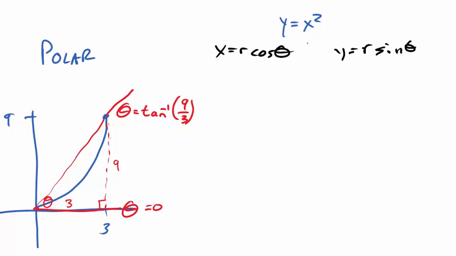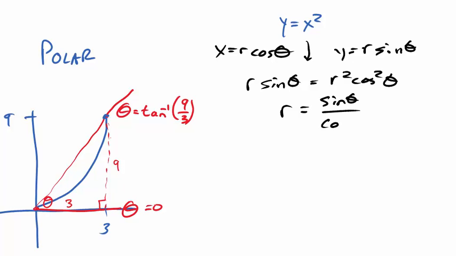And if I substitute those into my y equals x squared, I've got r sine theta equals x squared, so r squared cosine squared. And if I solve that for r, I get r equals sine of theta over cosine squared of theta.